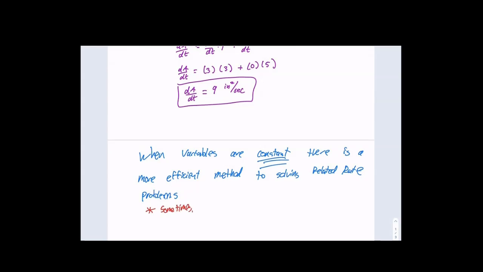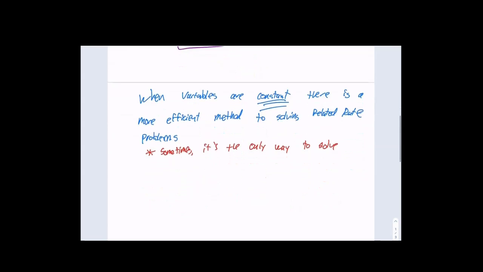Sometimes it's the only way to solve, or at least the only way to realize what you need to do.